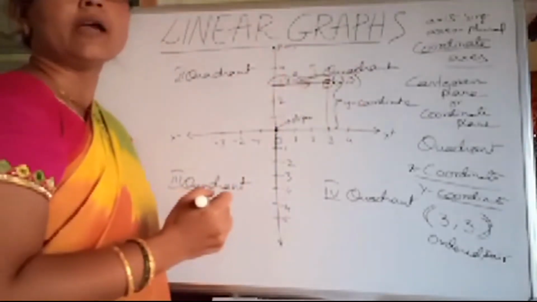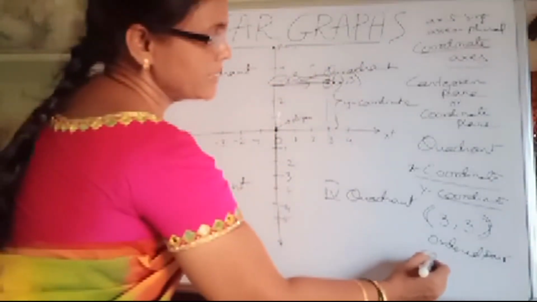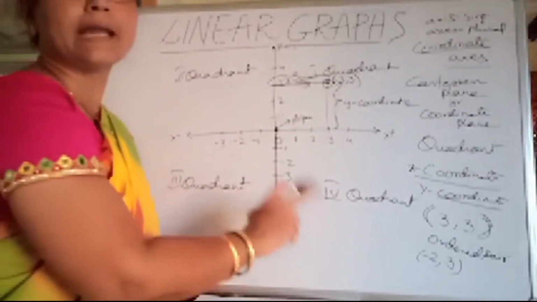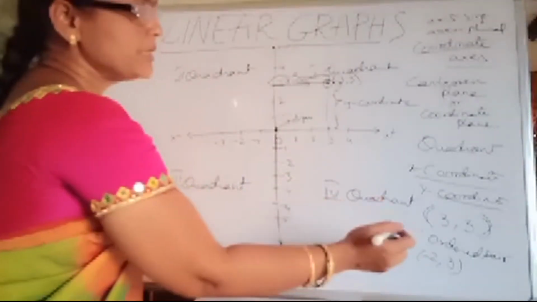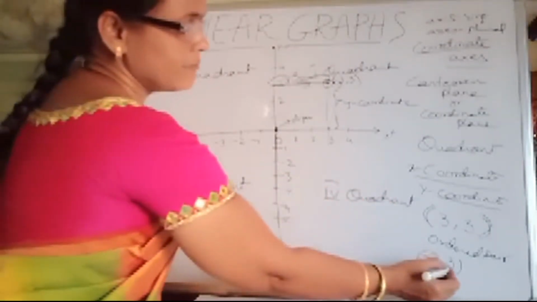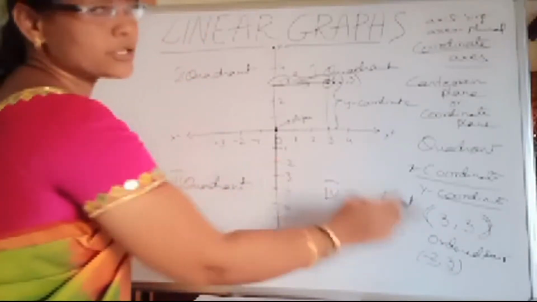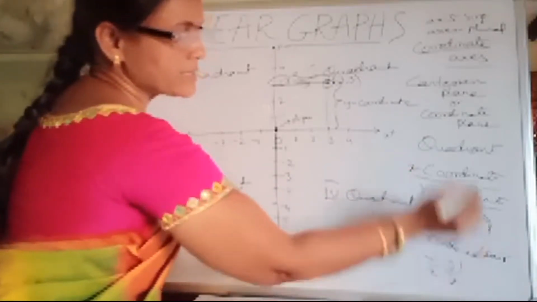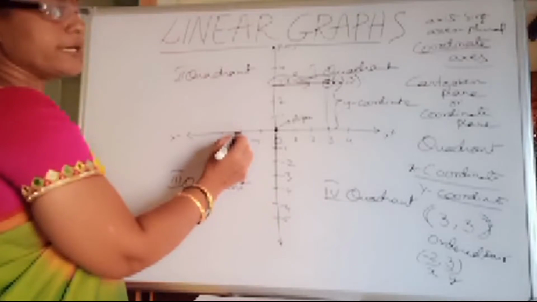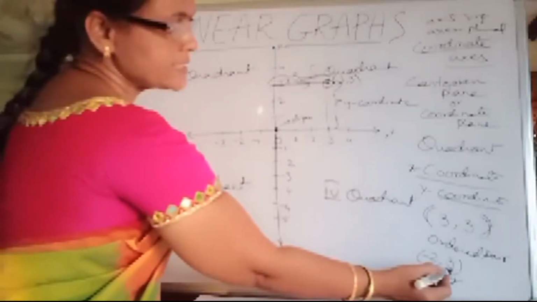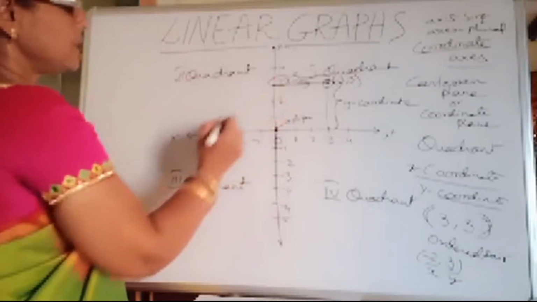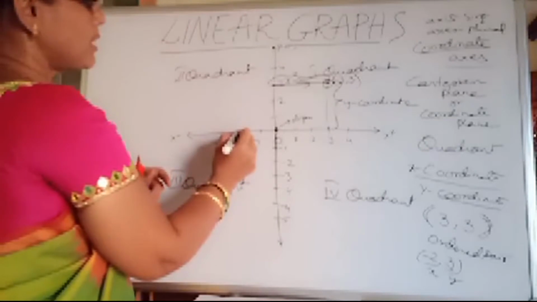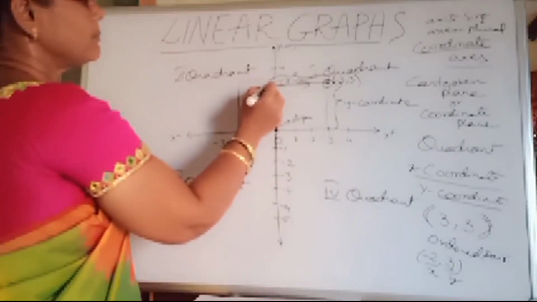For example, I want to locate the point (-2, 3). Where does the point lie? The first number is always the x-coordinate and the second is the y-coordinate. The x-coordinate is -2, so we select it on the x-axis, and 3 on the y-axis.